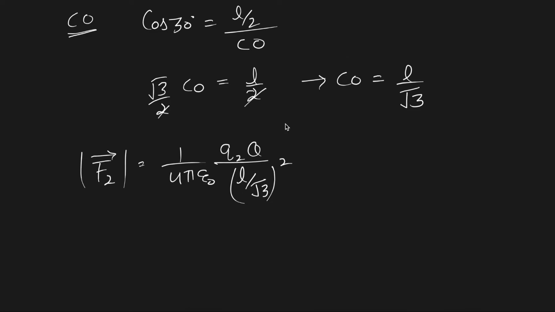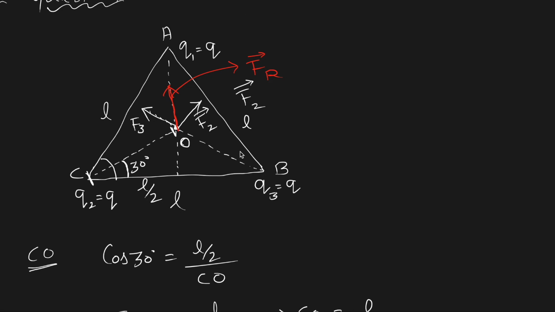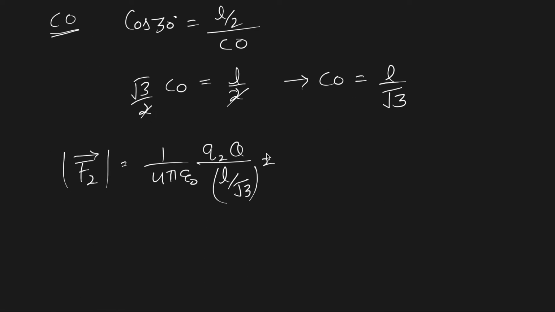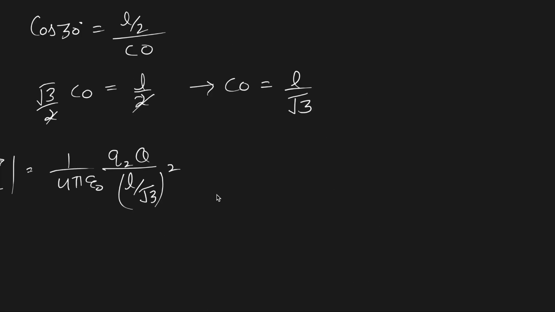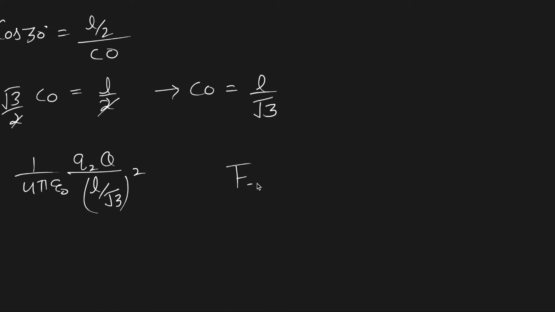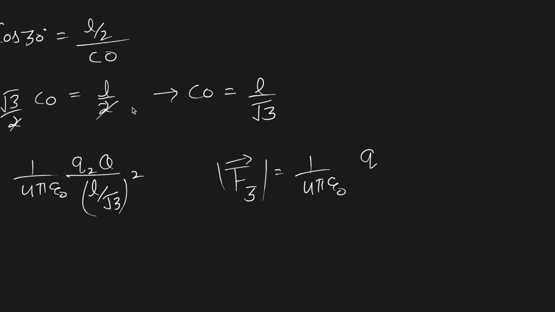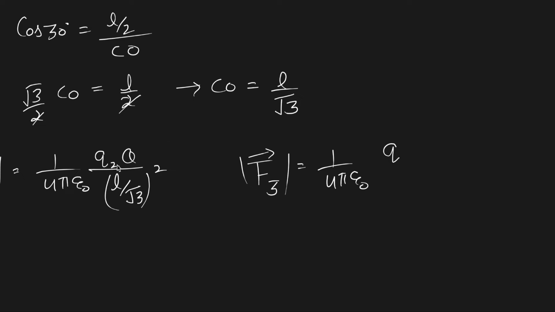The direction we have already shown, so just taking the magnitude. And similarly the F3 vector magnitude is nothing but 1 by 4 pi epsilon naught Q, because Q2 is equal to Q only, since all the charges have the same magnitude, and basically I can replace it by Q and capital Q.